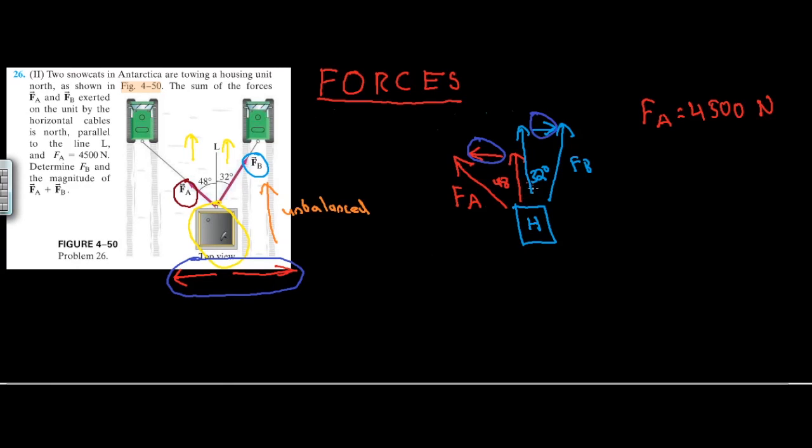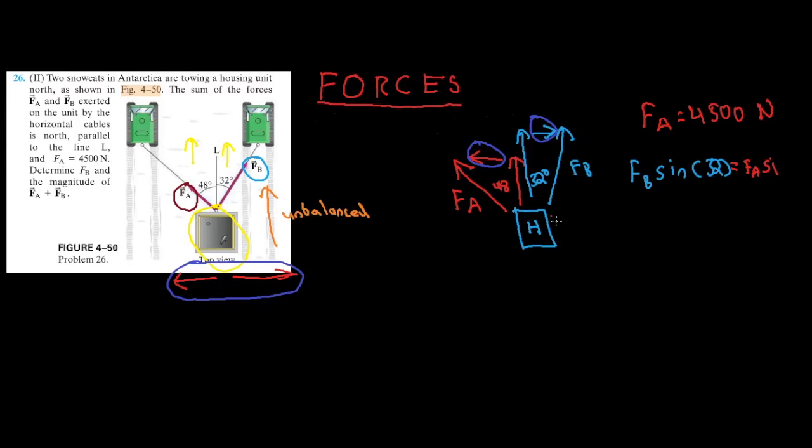So the sine of 32 times FB should be equal to FA sine 48. And you might be asking, how do I know this?